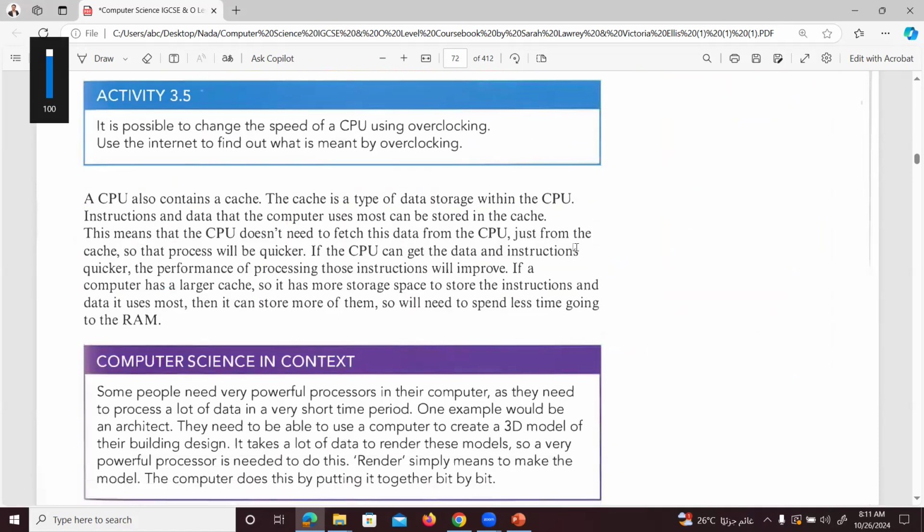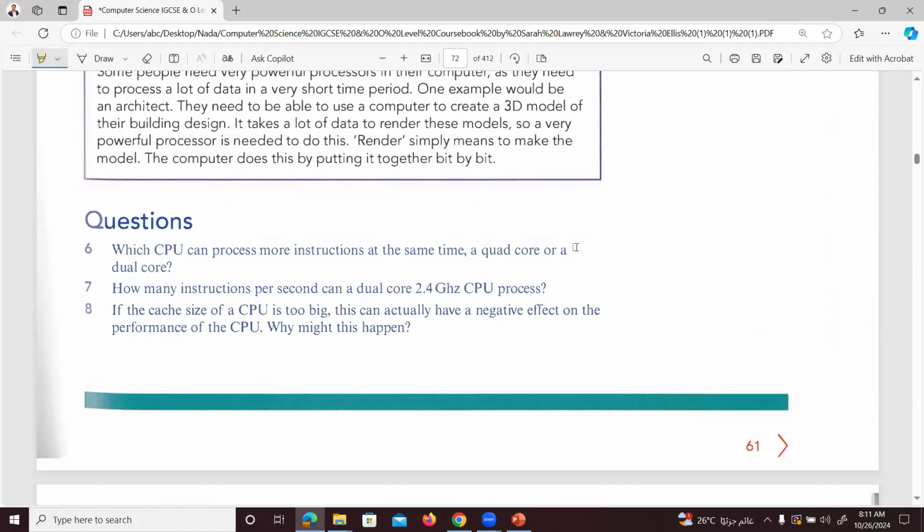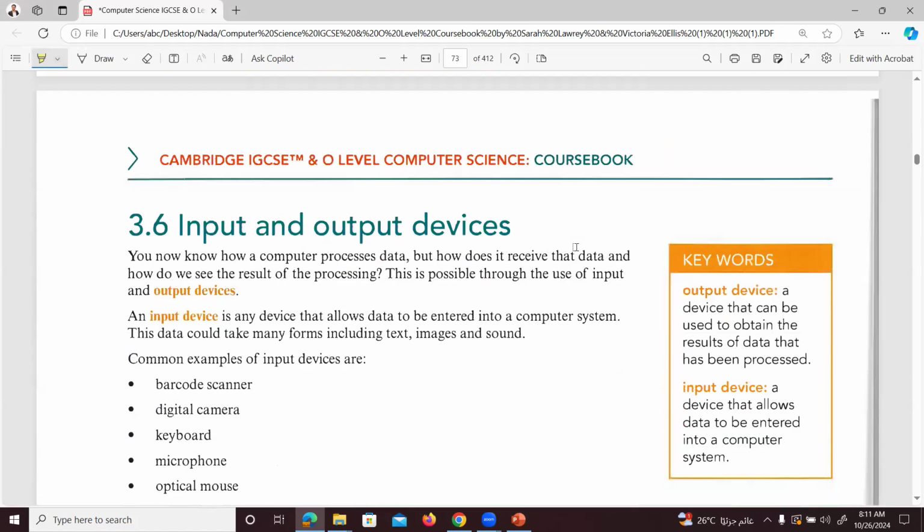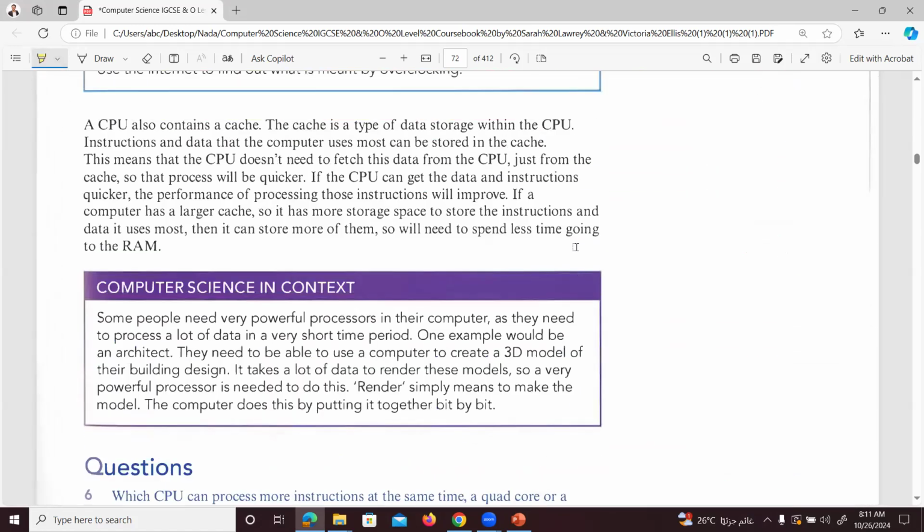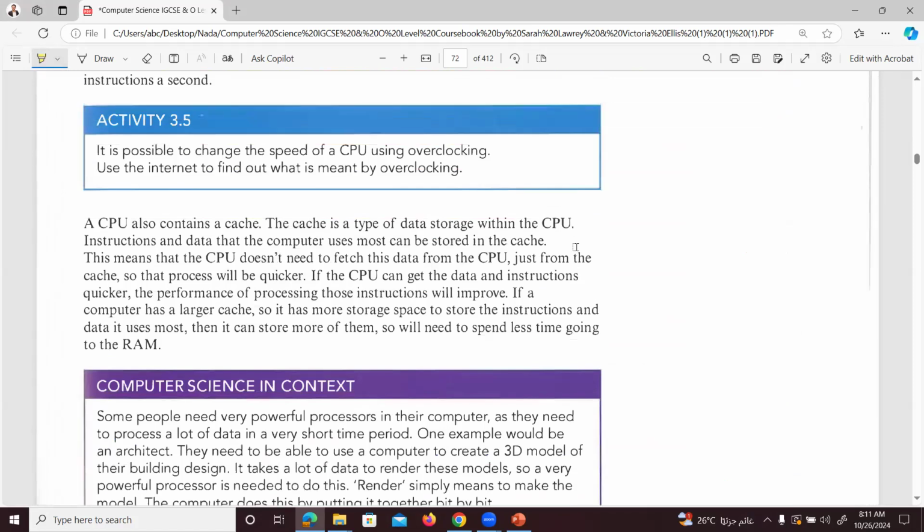Then I have the third area of the computer system, that is known as cache memory. A CPU also contains a cache memory, and that cache is a type of data storage within the central processing unit. That means that this is a part of your CPU, and the instructions and data that the computer uses most are stored in this cache.